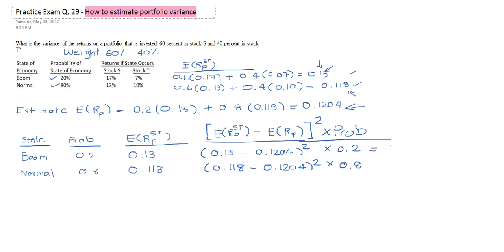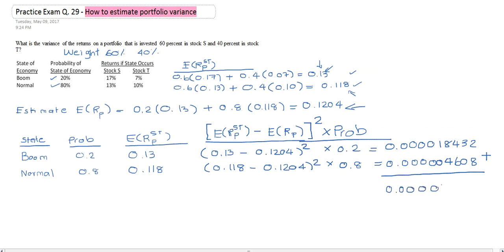The first piece I get equals 18432, the second one will be 4608. Then the last step is you just add these together, and I get 2304, and this is basically the variance of your portfolio.